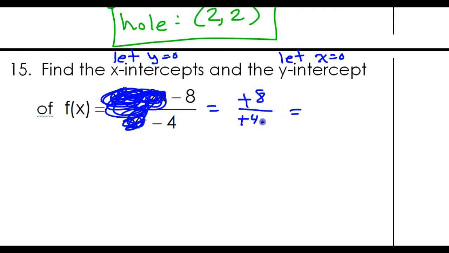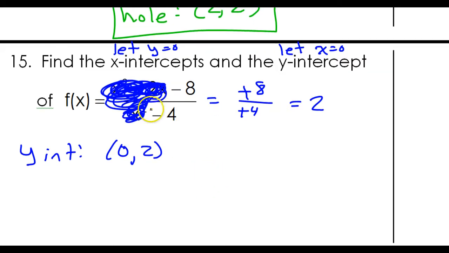Negative divided by a negative is a positive. 8 divided by 4 is 2. So look what happened. We let x equal 0 and we got 2. So that means the y-intercept is 0, 2.